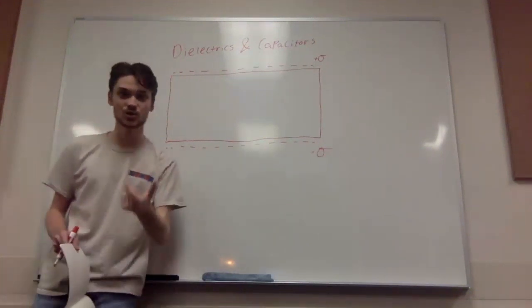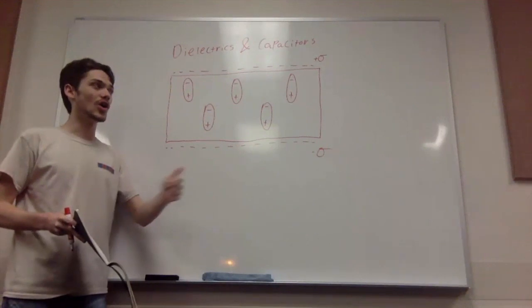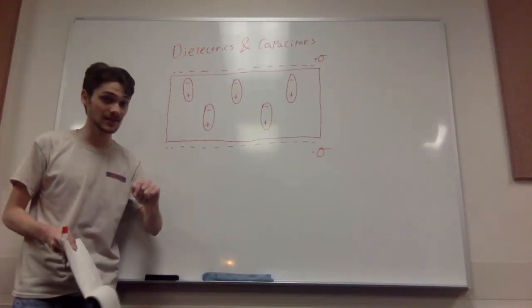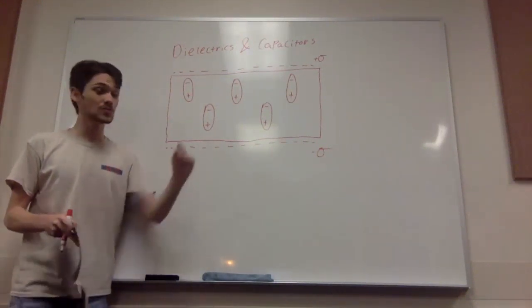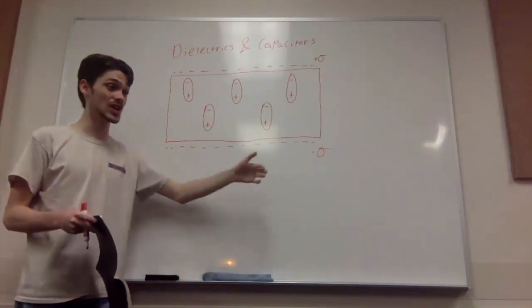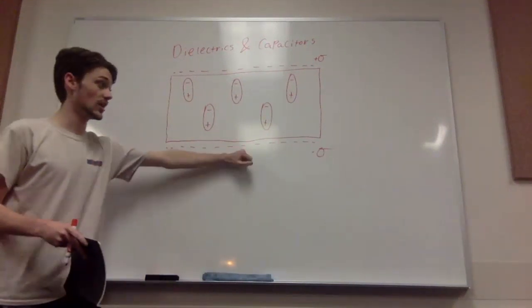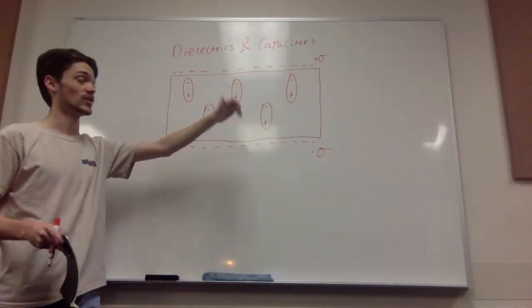But in the molecules making up the dielectric, some cool stuff is going to happen. If we imagine all of the molecules inside this dielectric having poles, those poles are going to flip and orient themselves towards whichever end they are most attracted to. Positives are going to orient towards the negative charge, and negatives are going to orient towards the positive.